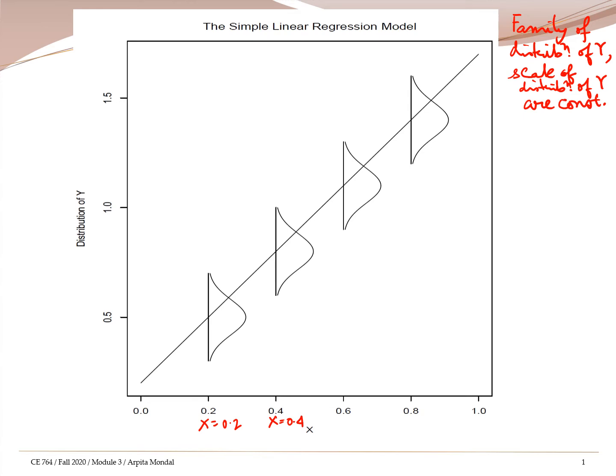What is changing? The location parameter is changing, the mu, the expected value is changing, and that expected value at different levels of x is given by mu y conditional on x.